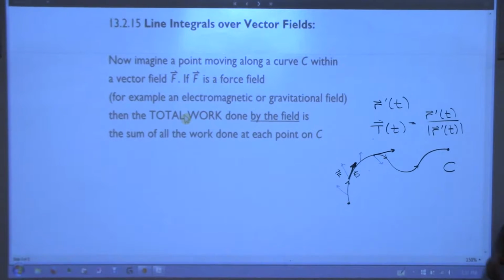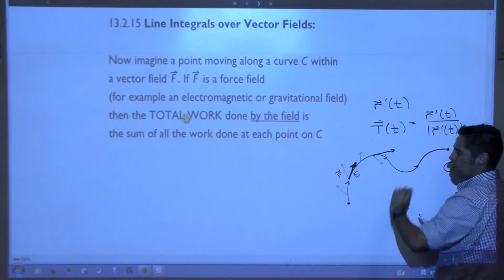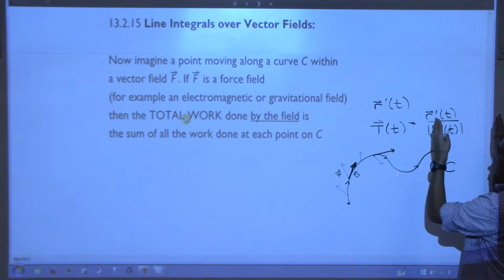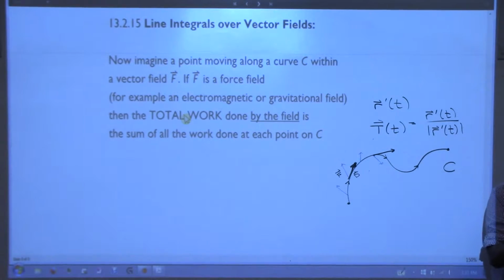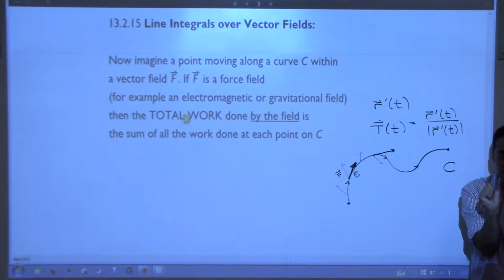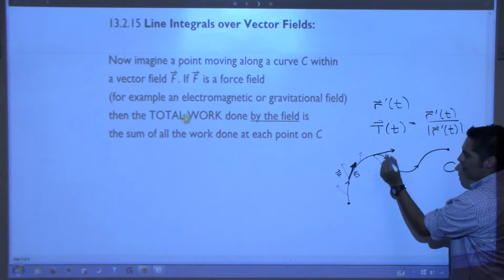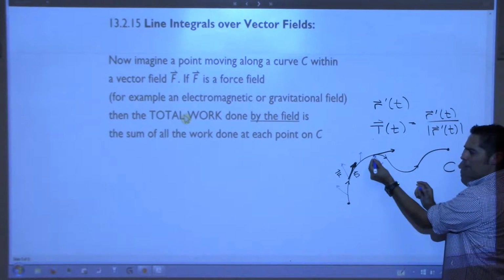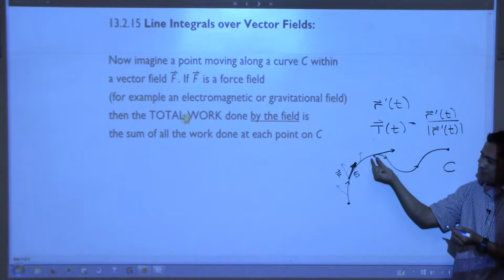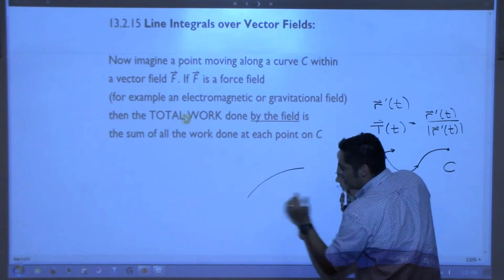So let me start by doing that. I've got all my force field vectors out here, and then I have all these tangent vectors that are changing length, and I'm going to do this first to make them all unit length, so they all have the same length of 1. Then I'm going to scale that unit length down to make it an infinitesimal. How would I scale this unit vector down to make it infinitesimal here? How long is that tiny little infinitesimal piece?